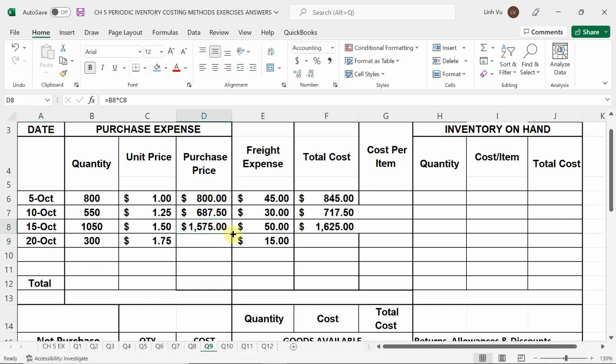Okay, the purchase price was $525. Good. Plus 15, becomes $540. Yes, $540. Okay.